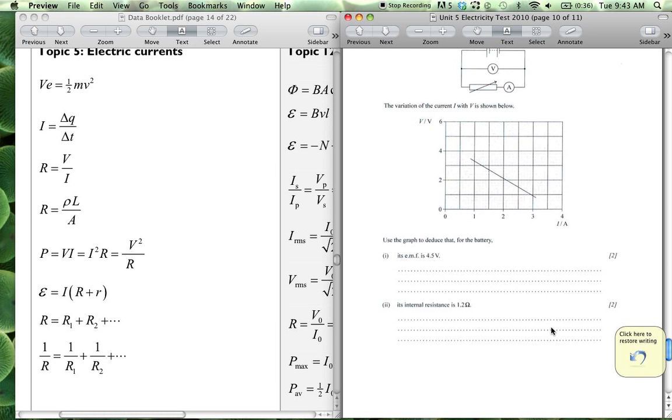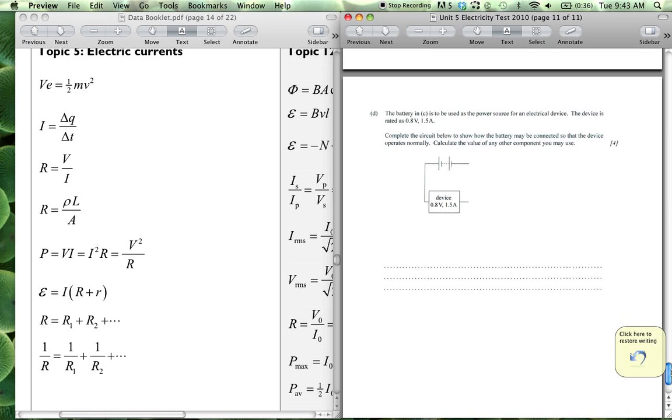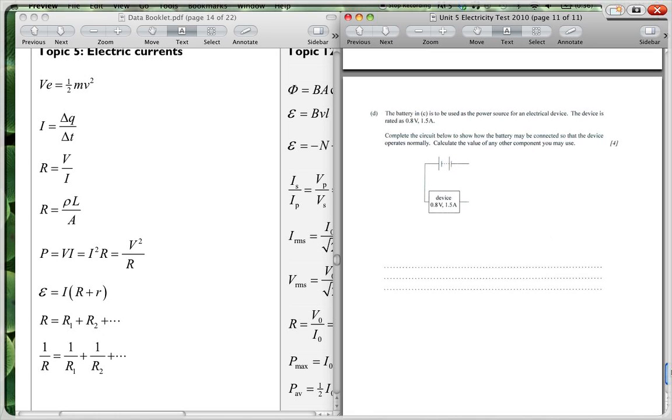Going back to my diagram again, the potential difference across there is going to be 2.7. I'm going to need to put another device in here so that I get 0.8. So across here, I'm going to need a potential difference of 2.7 minus 0.8, which is equal to 1.9 volts.